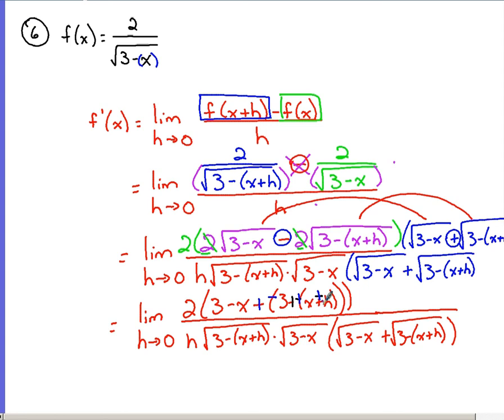But now I'm at the point where at least inside here, it looks like I've distributed everything I can, and I can start collecting like terms, right? So let's see what happens. You've got a couple of 3's that cancel out, don't they? You got a couple of x's that cancel out. What's left?